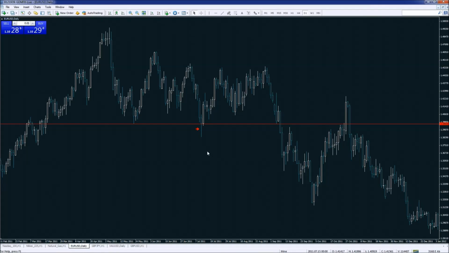This essentially means that a longer shadow candlestick is more significant than a shorter shadow candlestick, and that longer shadow helps to spring price, let's say, to bounce the price in the opposite direction.